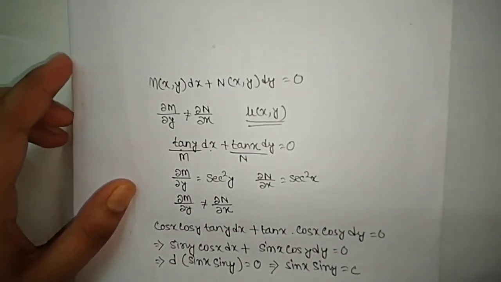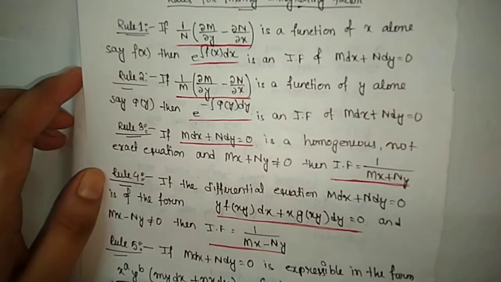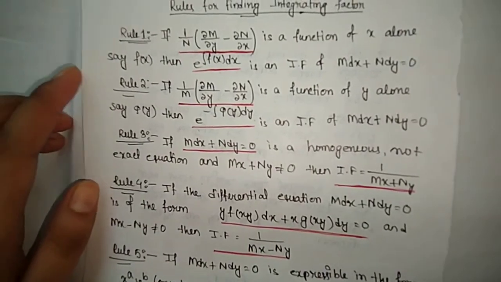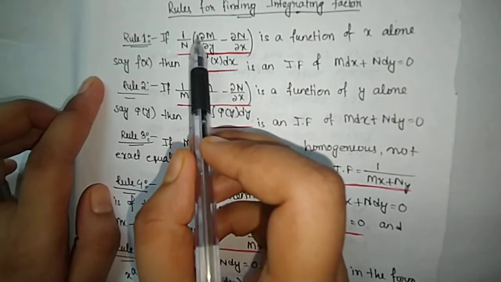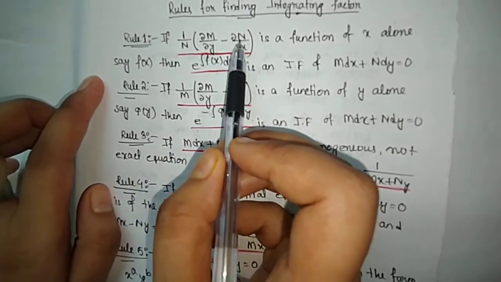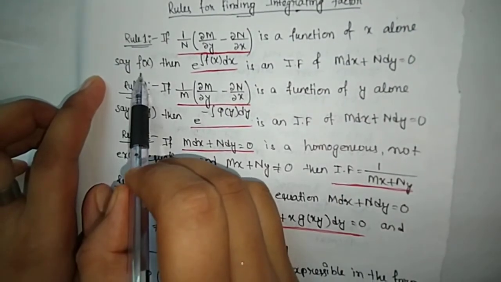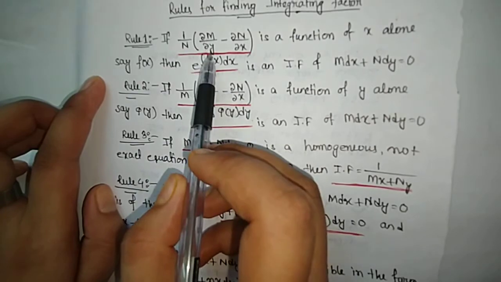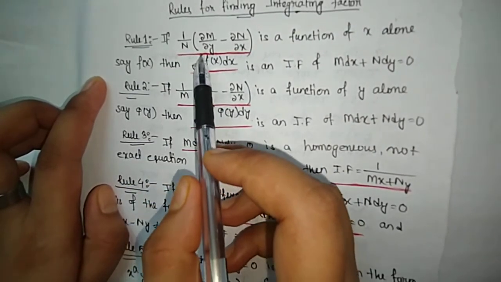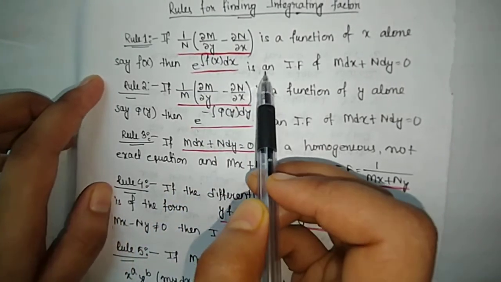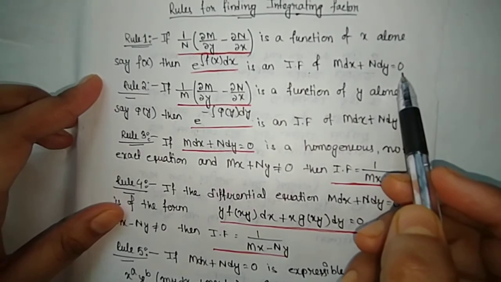Now we discuss the rules of finding integrating factors of a non-exact differential equation. There are 5 rules. Rule number 1: if (1/N)(∂M/∂y − ∂N/∂x) is a function of x alone, say f(x), then e^(∫f(x)dx) is an integrating factor of M dx + N dy = 0.